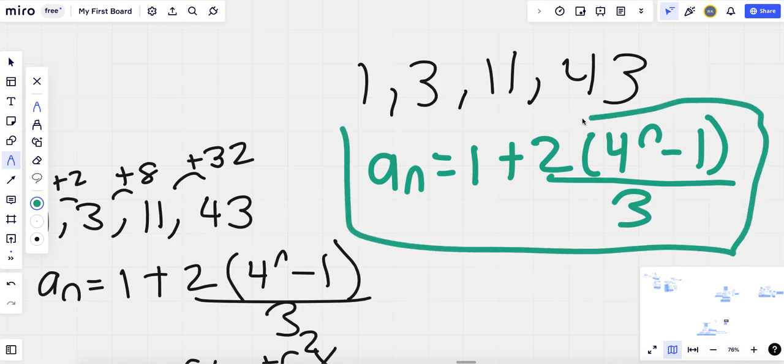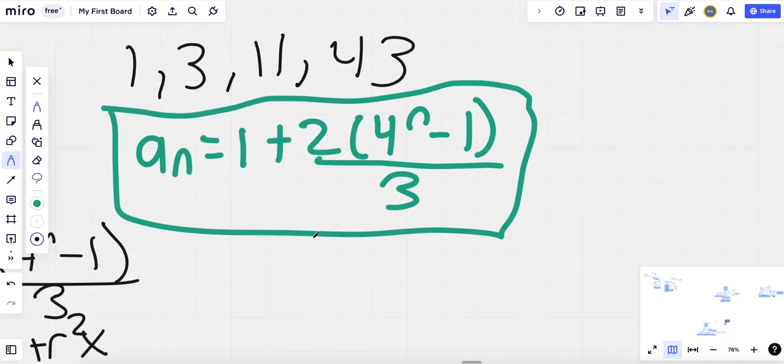and we can test this to just check if it works. So if we test this, and this is for n starting at 0, then we have 1 is our first term, 3 is our next term, 11 is our next term, and for 0, 1, 2, 3, 4 cubed is 64, so 63 over 3 is 21, 42 plus 1 is 43.